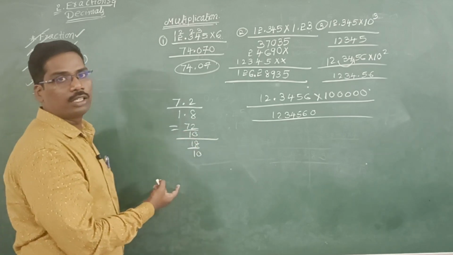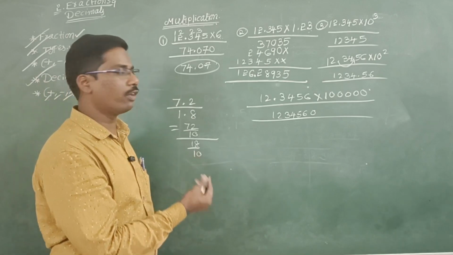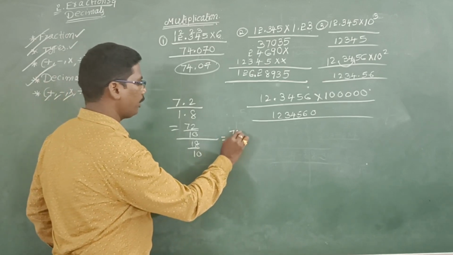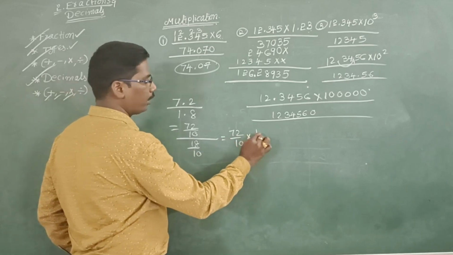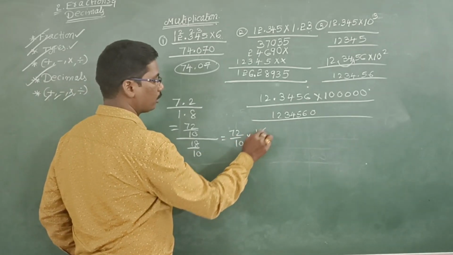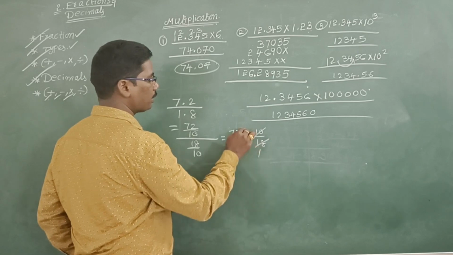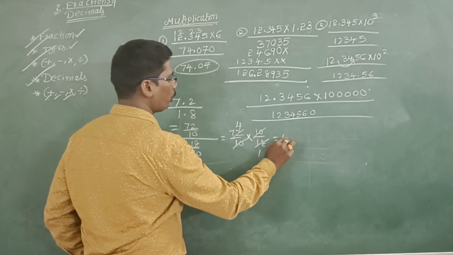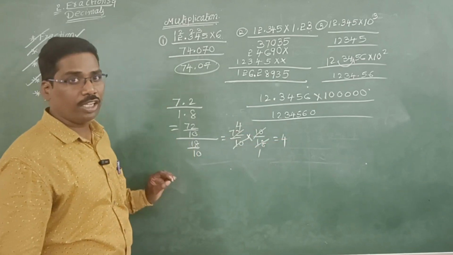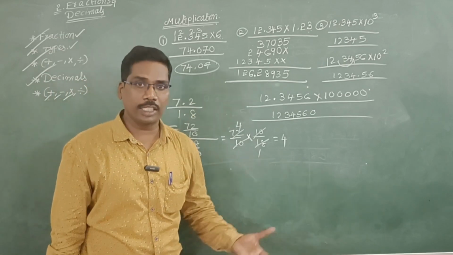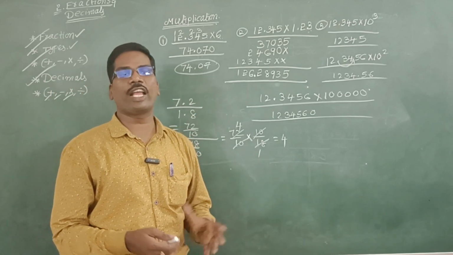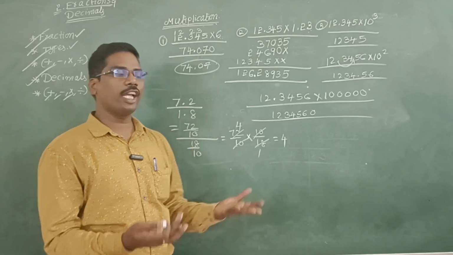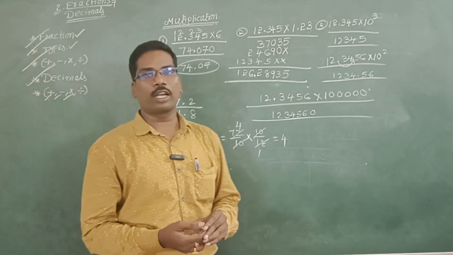We know fraction division. 72 by 10 into the reciprocal, 10 by 18. So 10 and 10 get cancelled. 18 ones are 18, 18 fours are 72. Means 4 is the answer. Means first of all convert the decimals into fractions, then do the fraction division. Fraction division you know very well. So do it like that and you will get the correct answer.